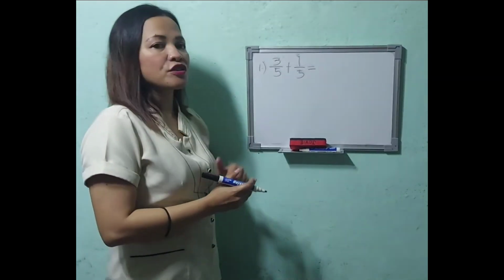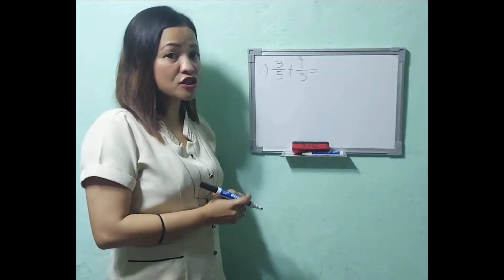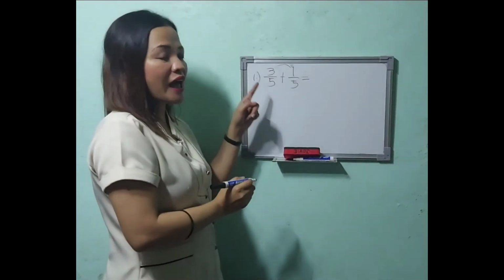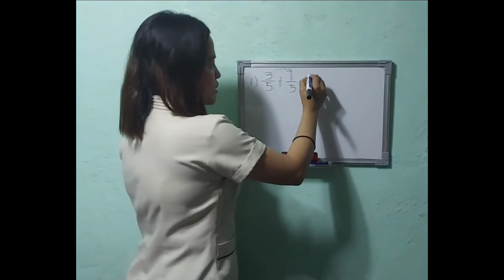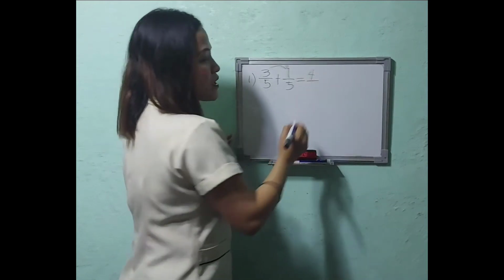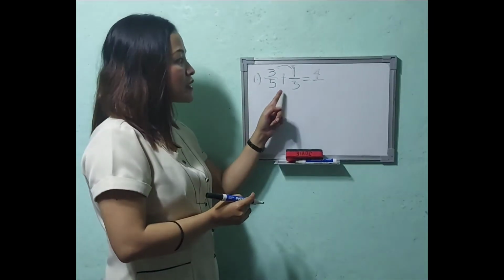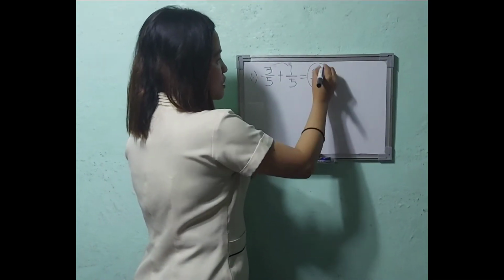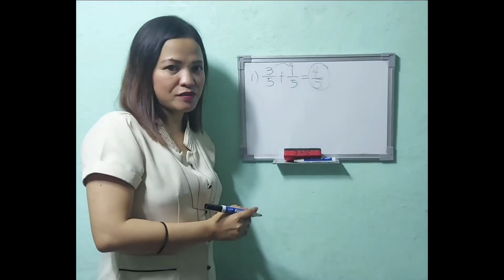The first step in adding similar fractions is to add the numerator. So we just add 3 plus 1 equals 4. And the second step, copy the denominator which is 5. So our answer is 4/5.